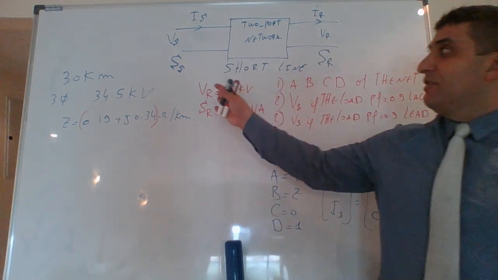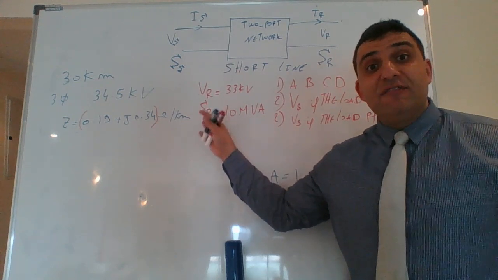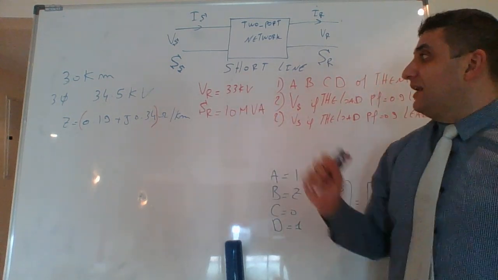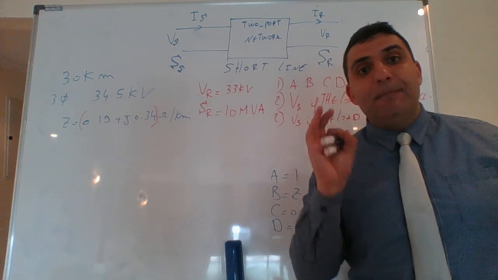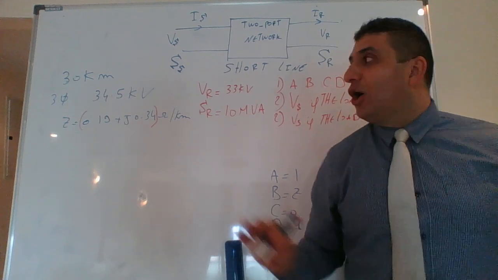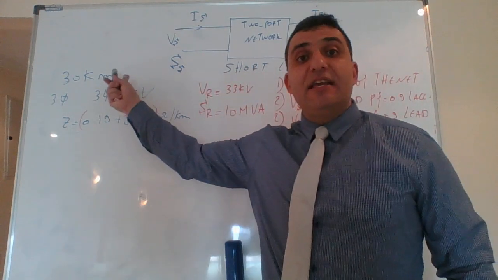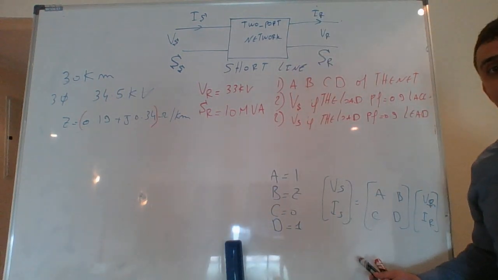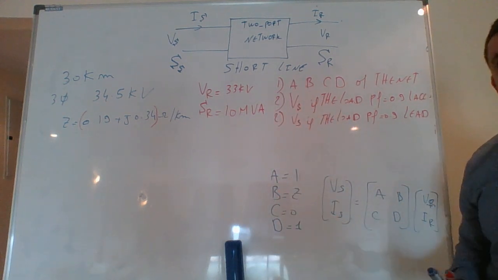The receiving voltage is 33 kilovolt. The receiving complex power is 10 MVA. Question number 1: I need to determine the A, B, C, D parameters of this transmission line. This is a short transmission line, so I already have A, B, C, D, or I can apply normal circuit analysis to find them.